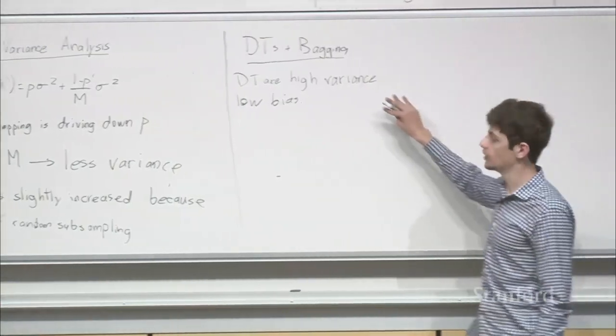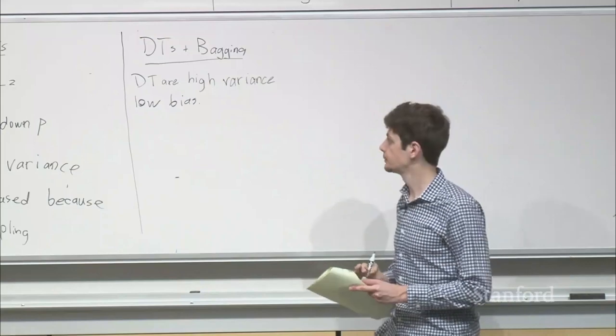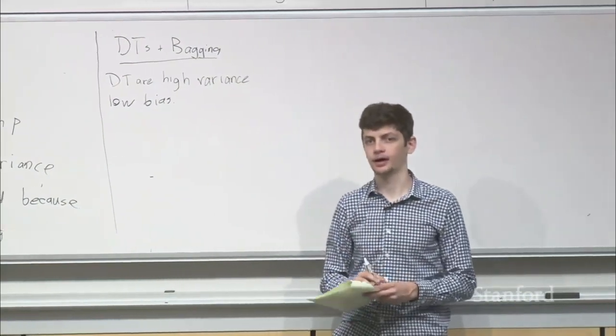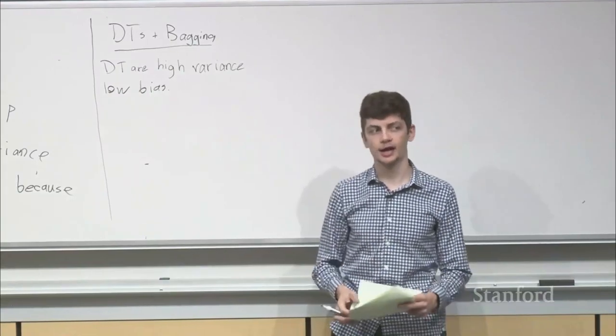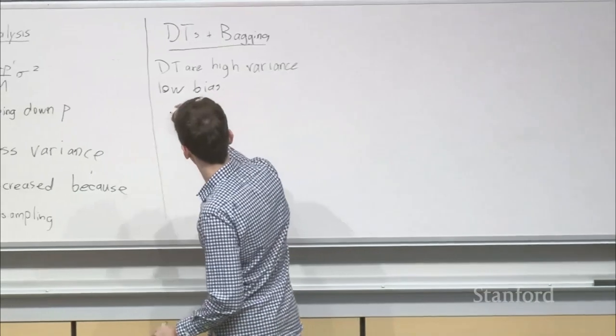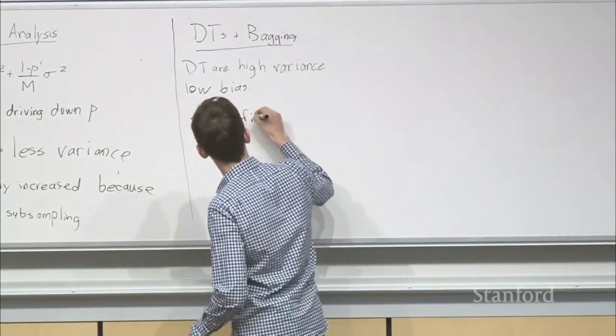And since most of the error from your decision trees is coming from the high variance side of things, by driving down that variance, you get a lot more benefit than for a model that would be on the reverse, high bias and low variance. So this makes it an ideal fit for bagging.